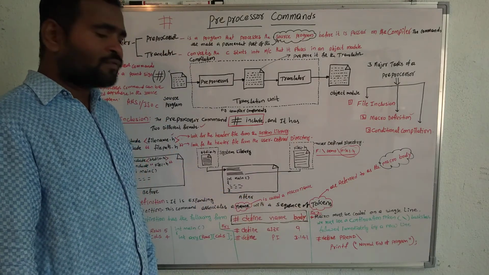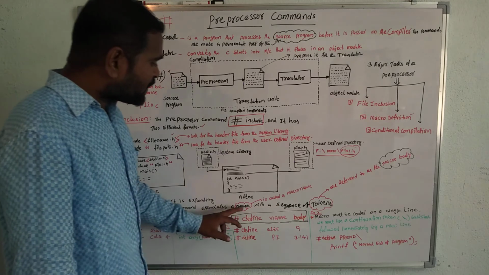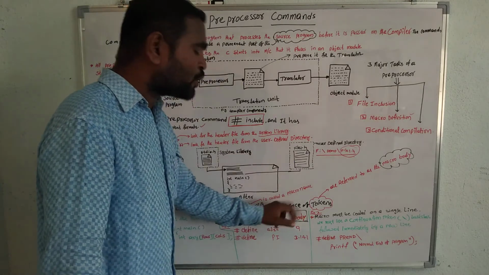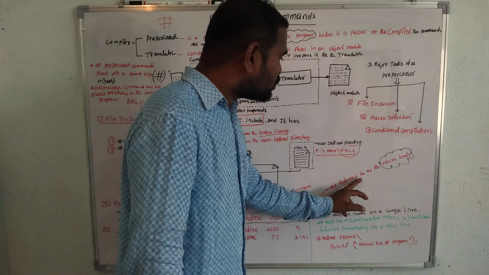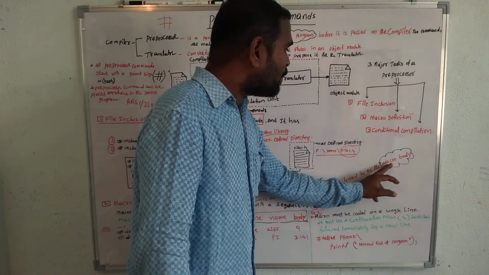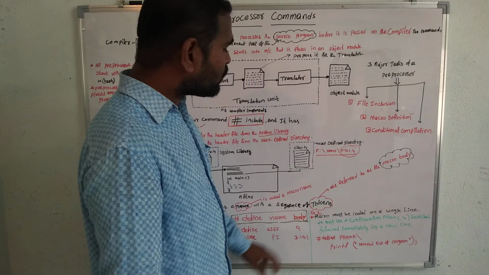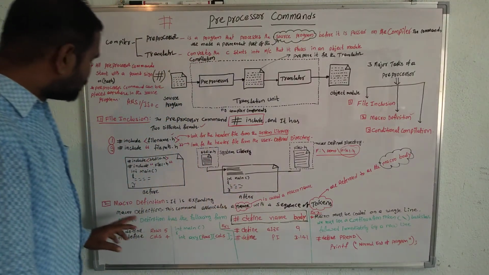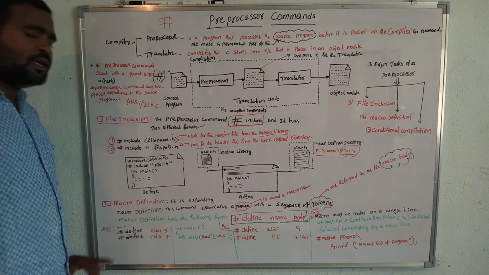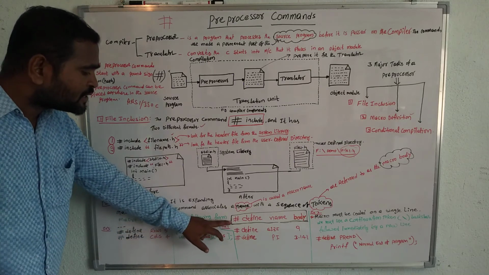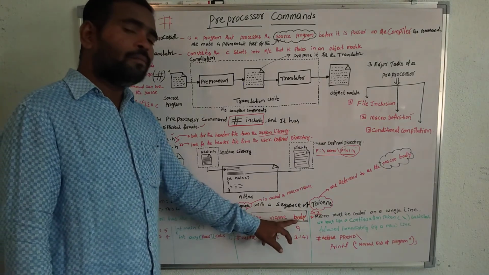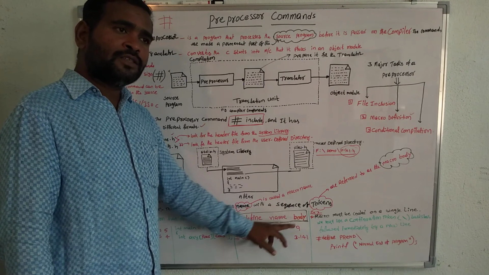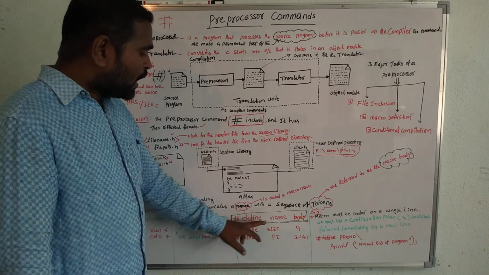This name is called the macro name, and the tokens are referred to as the macro body. And please observe this macro definition. Here we have the following syntax: hash define, name and body. This is the syntax.